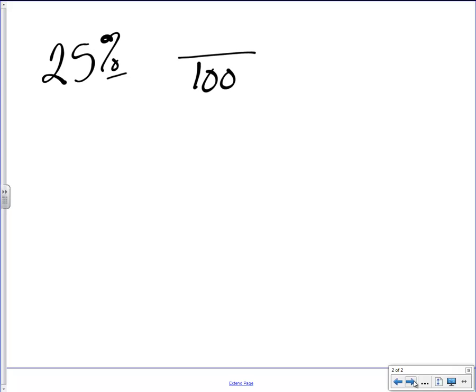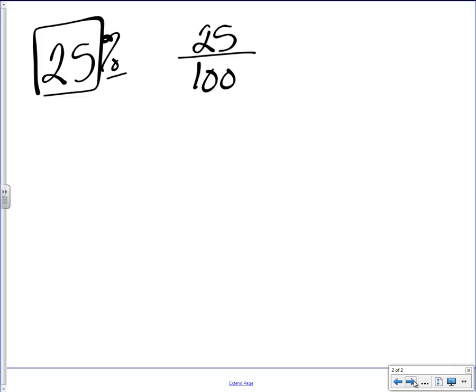All right, so our first example is going to be a problem that we have that is 25%. If we write 25% as a decimal, well, what does it look like? Anytime that you have a percent sign, it means that it's going to be out of 100, and what you see is actually your numerator.